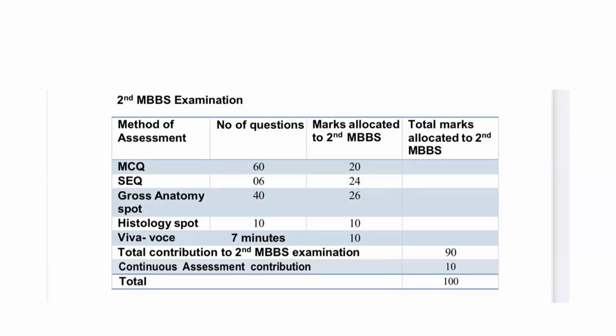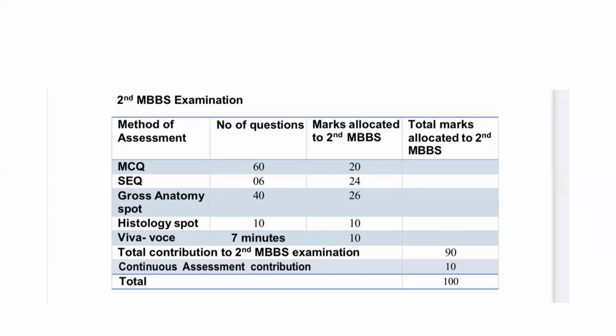Imagine you have 6 SCQs, and if they are giving 3 hours for this, you have to limit your time to half an hour for an SCQ. Like that, you have to manage your time.